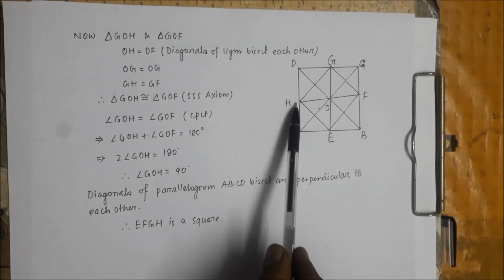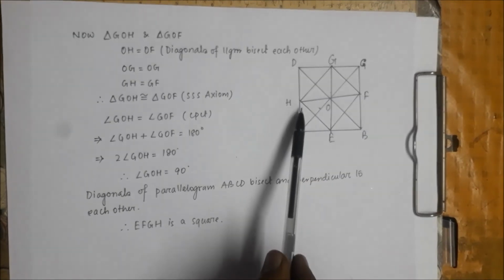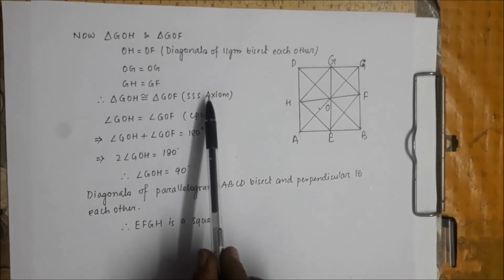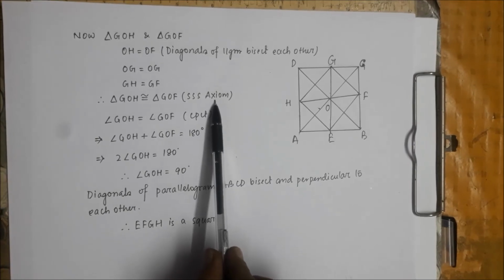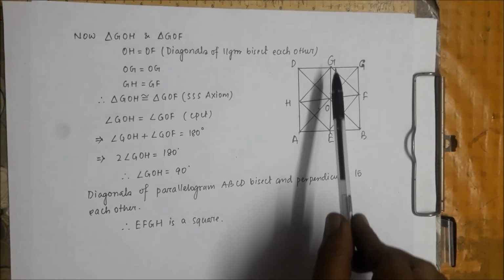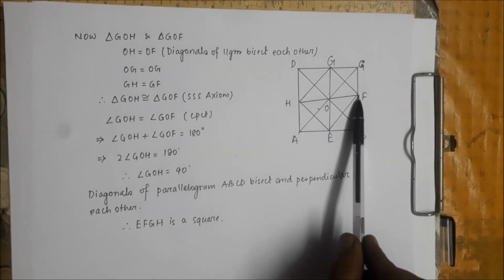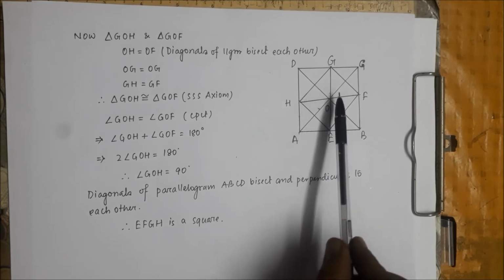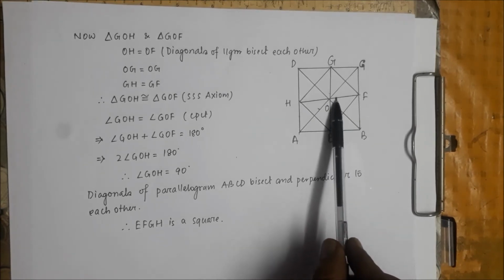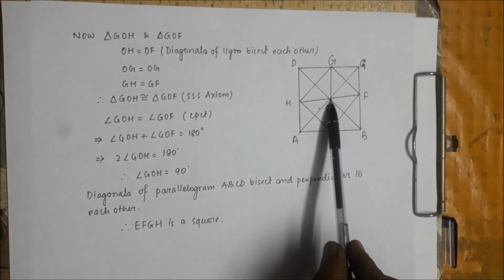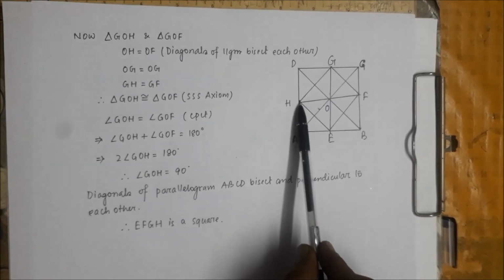Since EFGH is a parallelogram, these two triangles are congruent to each other by the SSS axiom. Now if these two angles are equal, we can say that GOF equals GOH by CPCT. Now the sum of these two angles is equal to 180 degrees. This is a linear pair, so we can say that GOH equals 90 degrees.